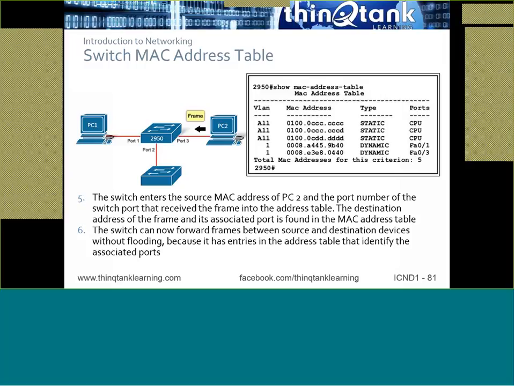As long as the switch has an entry in its database, it is going to forward that frame out of that port only. If the entry does not exist in the database for a destination, it will flood the frame out of every port except for the port it came in on.